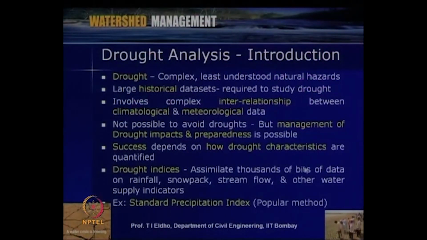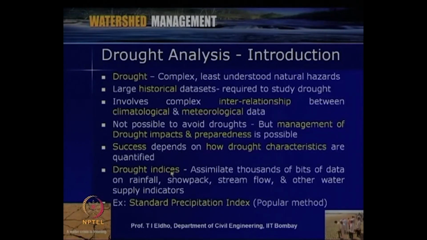The success of drought analysis depends on how drought characteristics are quantified. Drought analysis means we have to understand the characteristics of the droughts, and the success depends upon how the drought characteristics are quantified in terms of some numbers or indices. These drought indices are commonly used to analyze the drought as a tool.